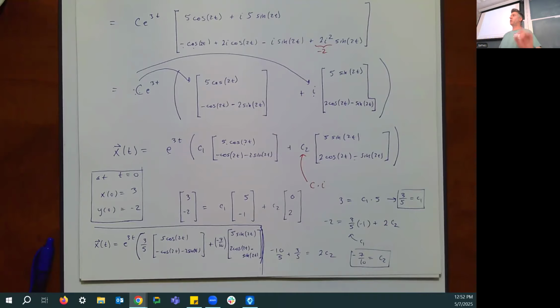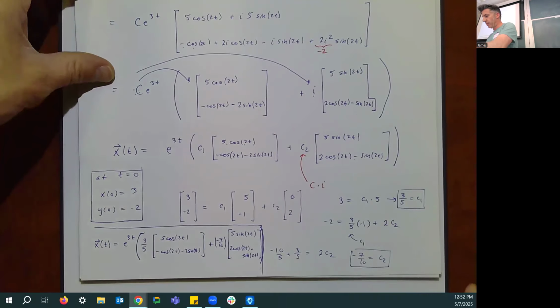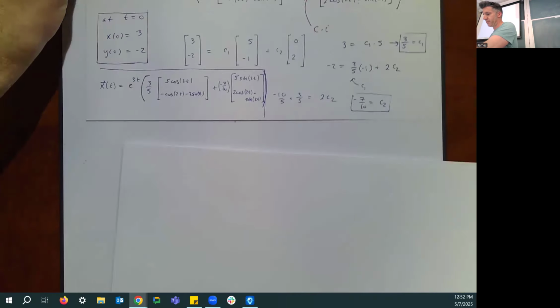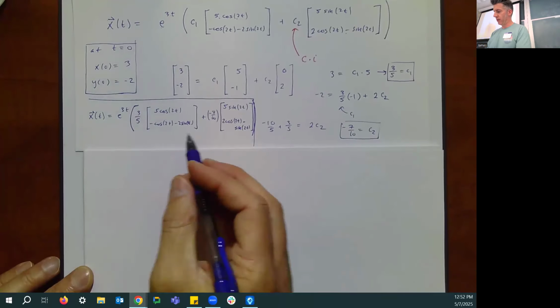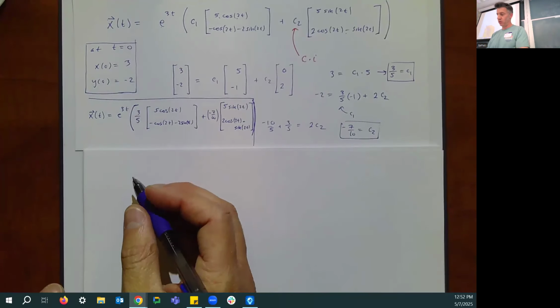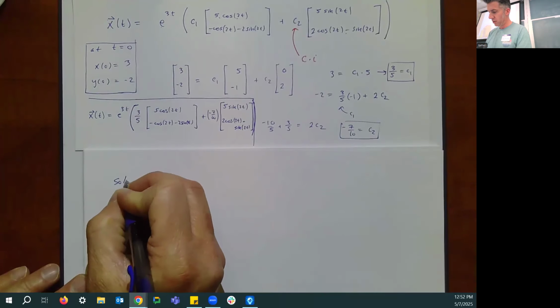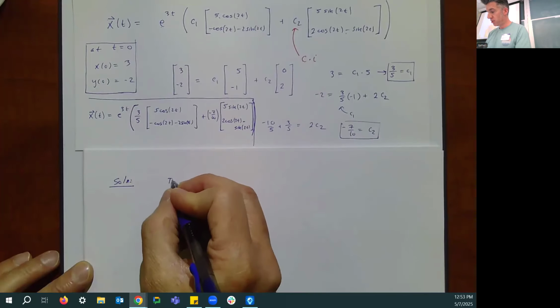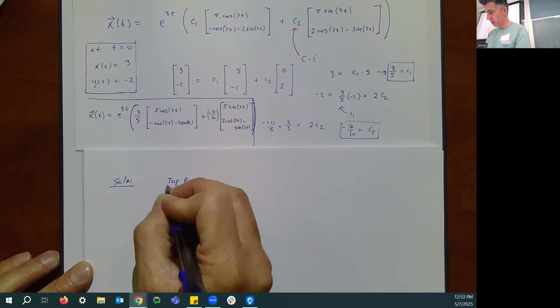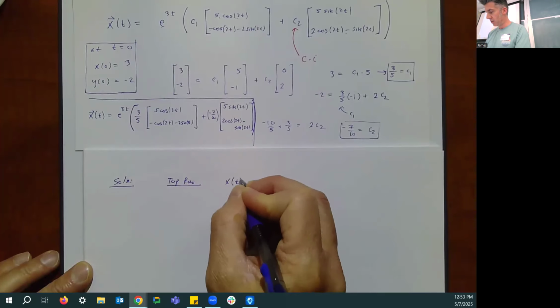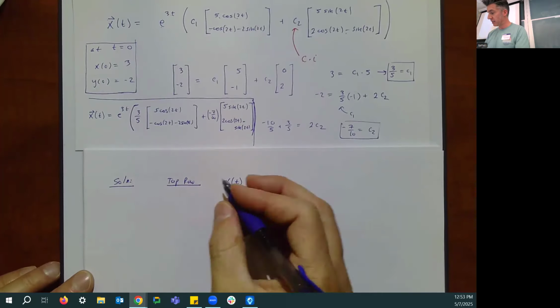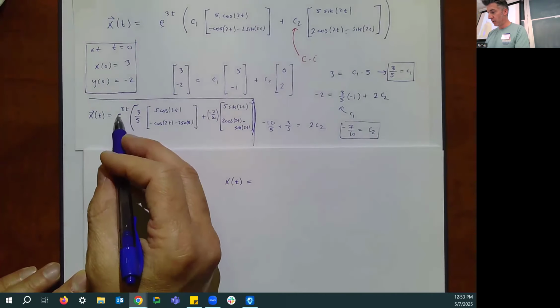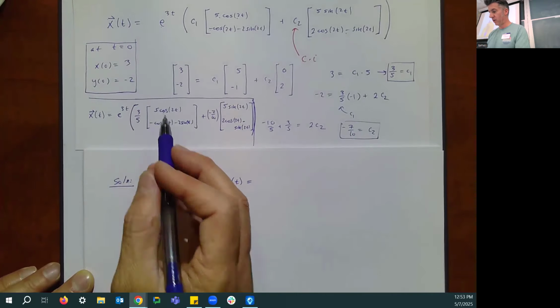So here's what I want you to see. I'm actually going to write this out again, but I'm going to write it out as my solution. So my solution here, the top row is that x of t, not as a vector, just the component x, is equal to e to the 3t times 3/5 times 5 cosine of 2t.